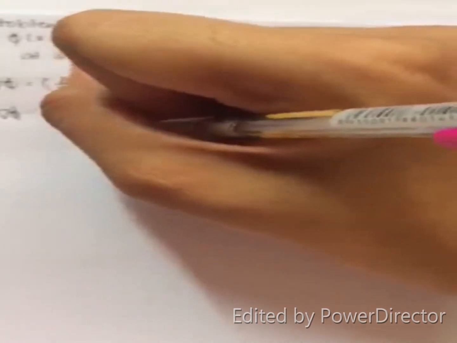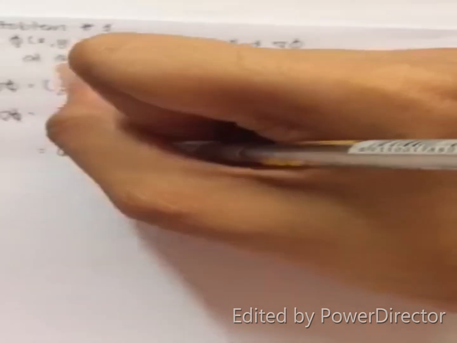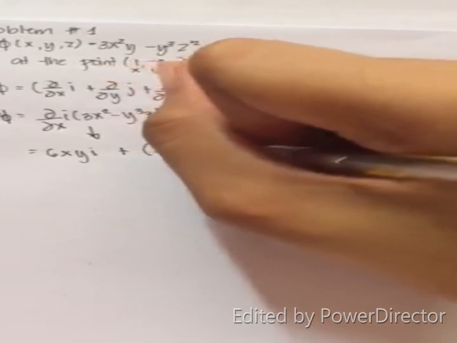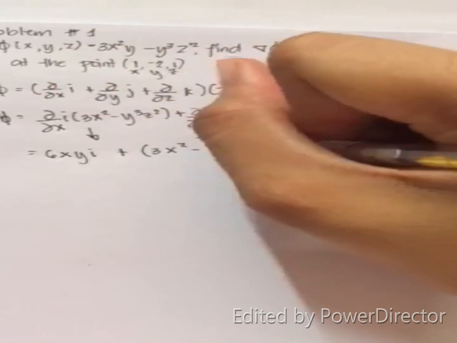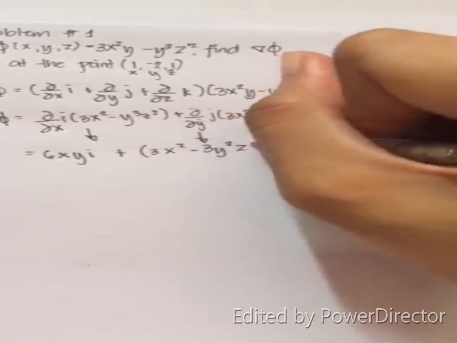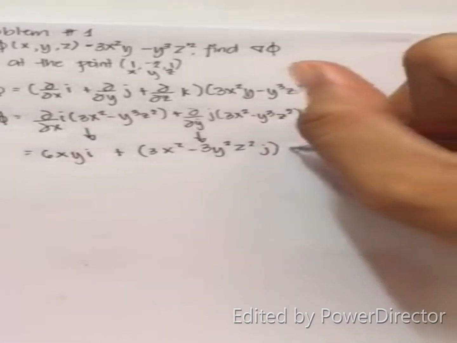Now we are going to find the derivatives with respect to x, y, and z. So in x, and how about in y? And in z.